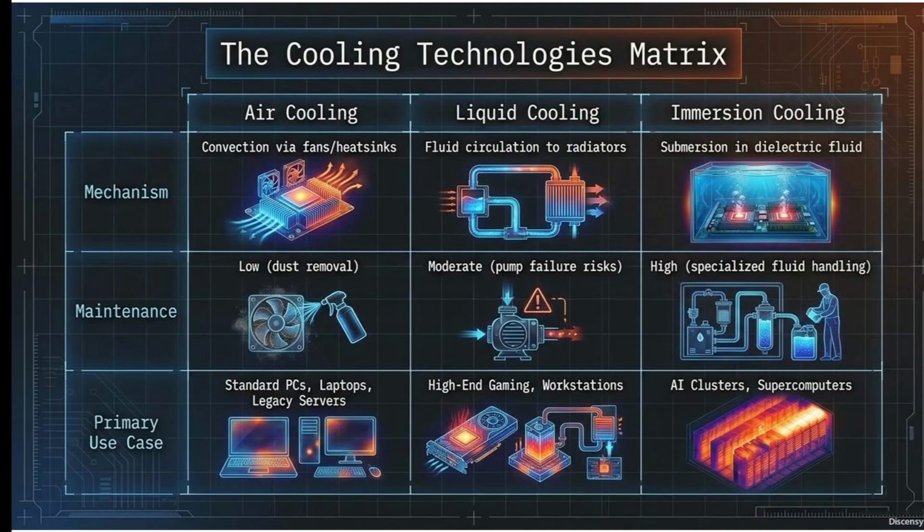So the pump needs to be replaced in these types of scenarios. And the third would be immersion cooling, where the maintenance would be even higher because there needs to be a specialized manual process of removing the liquid and putting it back in. And let's get to know about the primary use cases.